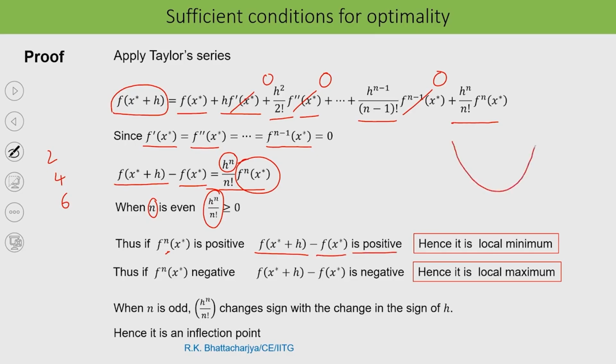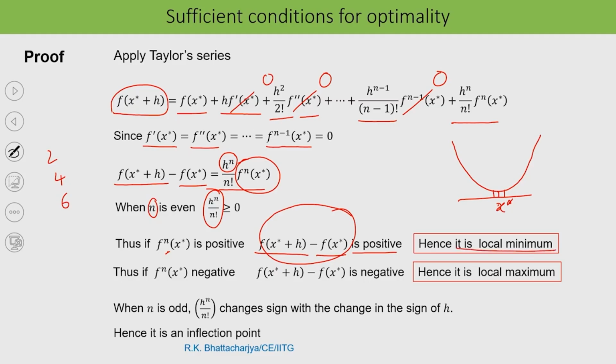If this is a minimum point and this is your x star, and you are taking h either on this side or this side, then f of x star plus h minus f of x star is positive. So, when will it be positive? If x star is a minimum. So, I can say if this value is positive then x star is a minimum, hence it is a minimum.